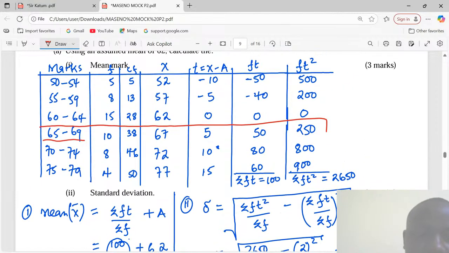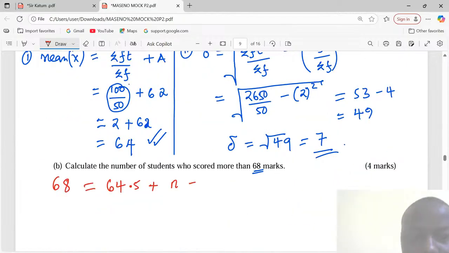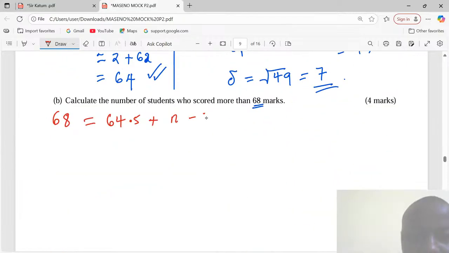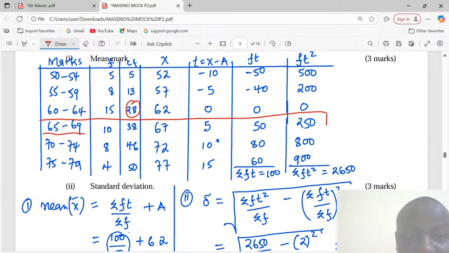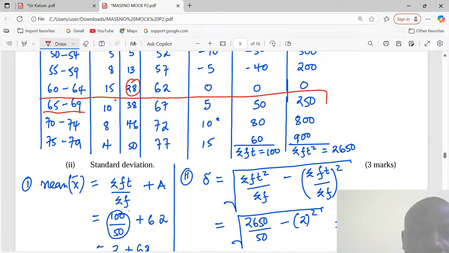So the cumulative frequency before this class is 28. We divide by the frequency of this particular class, which is 10.